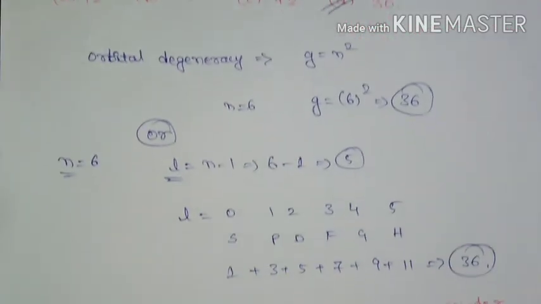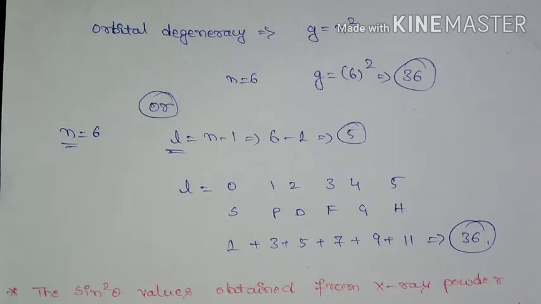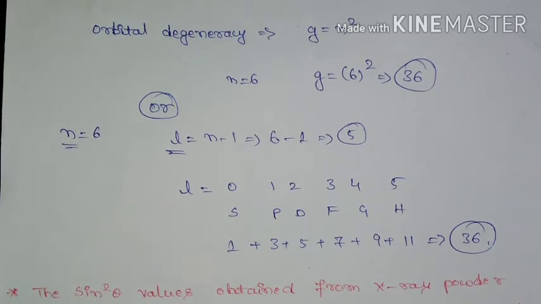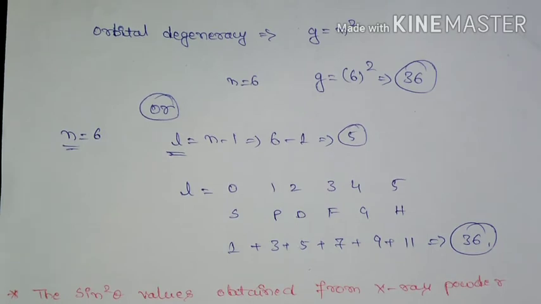Or else this can also be determined by using principal quantum number and azimuthal quantum number, that is n is equal to 6, and L value goes up to 5, and we know L values 0, 1, 2, 3, 4, 5 represent S, P, D, F, G, H. So sum of these will give 36.